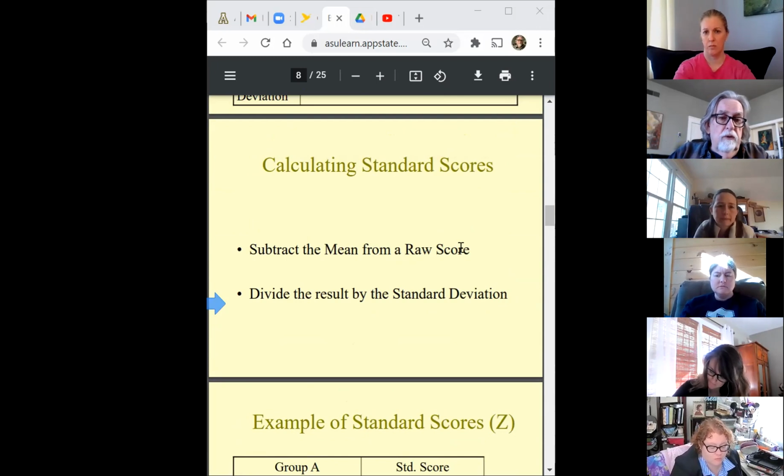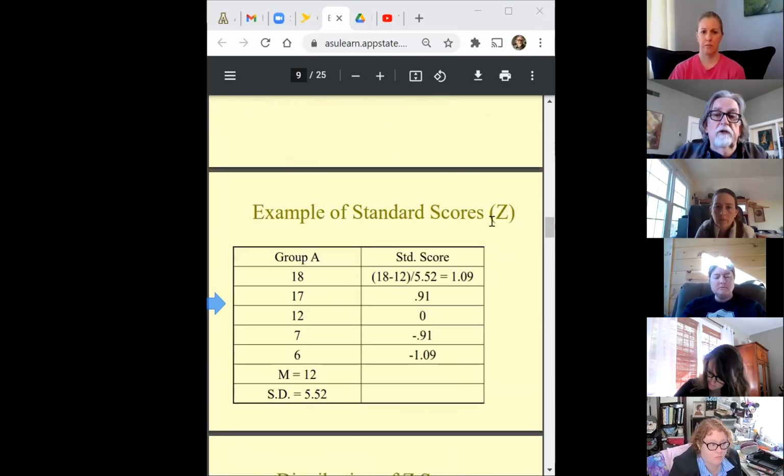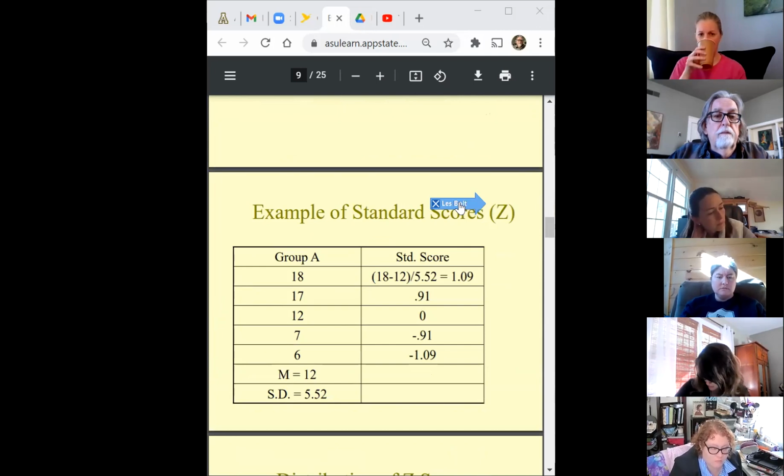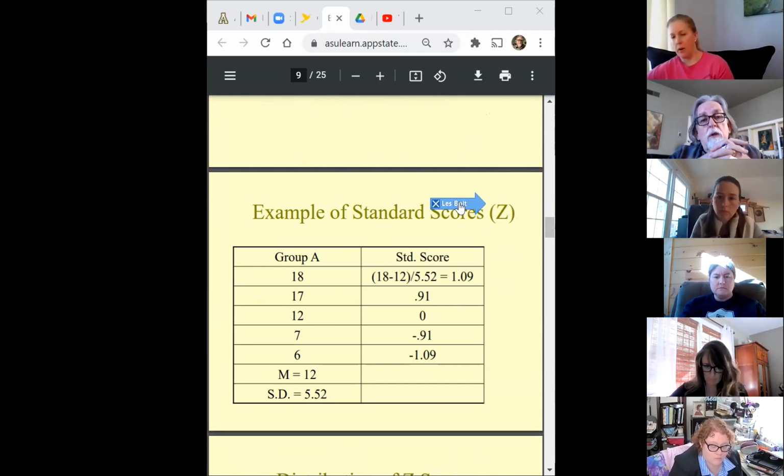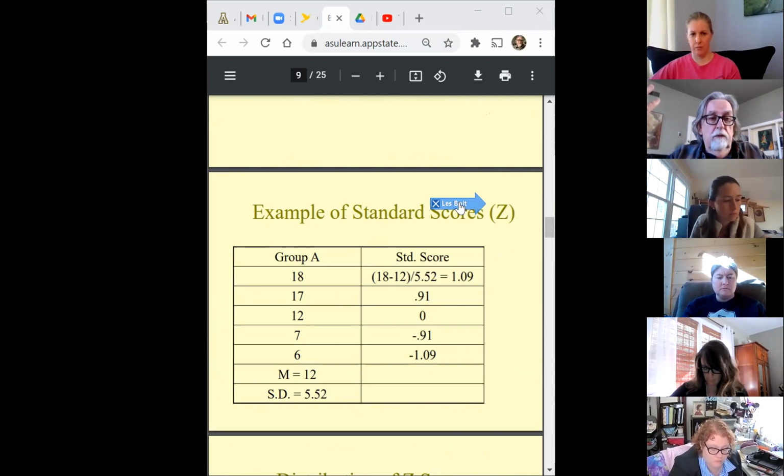In other words, we figure out the deviation for a particular number, and then we divide that deviation by the standard deviation, and that gives us what's called a standard score, or as it's more often referred to, a z-score. So the z-score is simply a deviation score for a particular item in a set, a deviation from the mean divided by standard deviation.